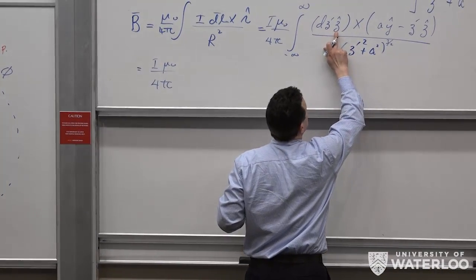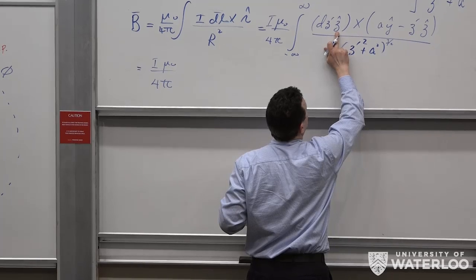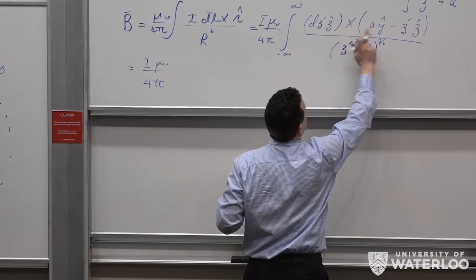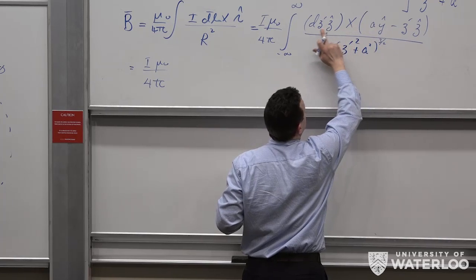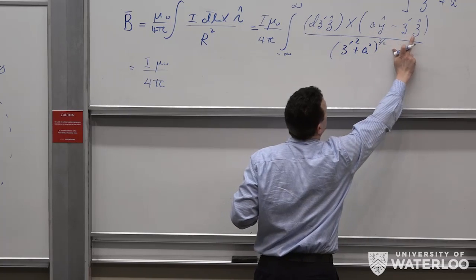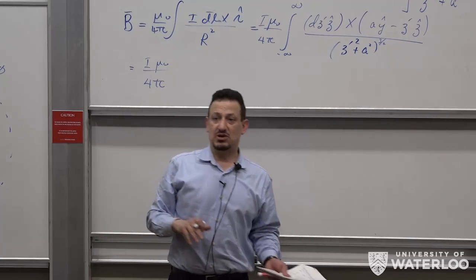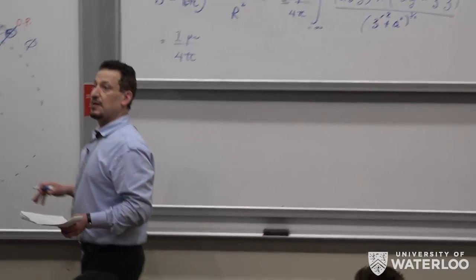Look at this. Z hat, I can cross it with y hat. Z hat, cross it with y hat. And then I cross z hat with z hat. Z hat crossed with z hat is what? 0.